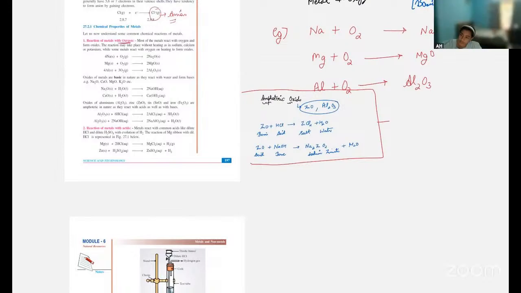NIOS based only. CBSE I will take offline, but I have to go to Pali Road, Jodhpur.